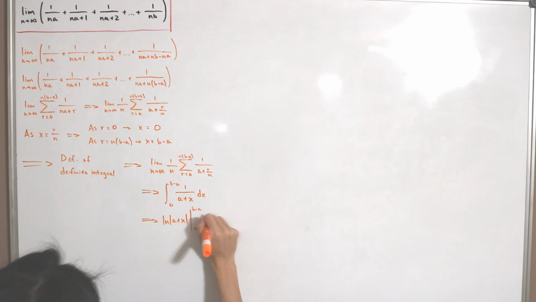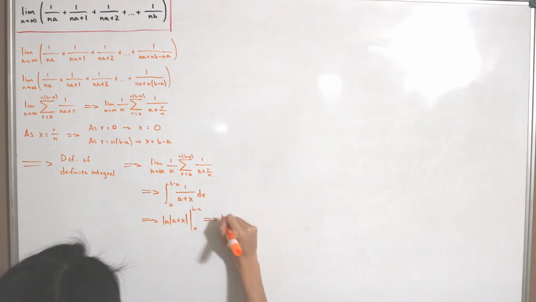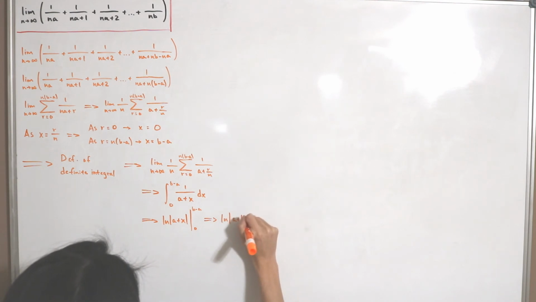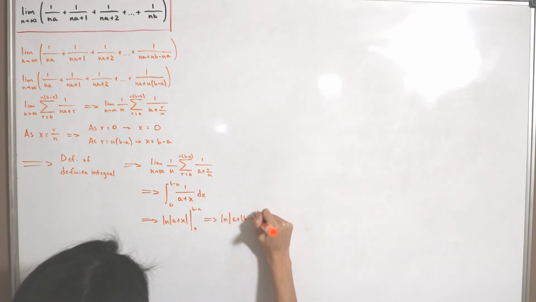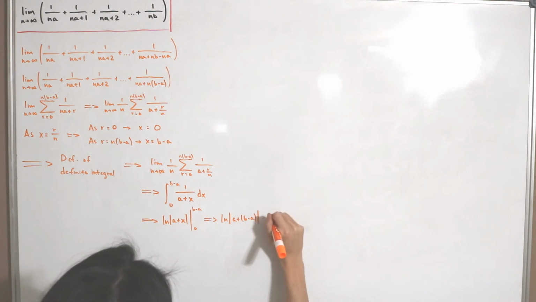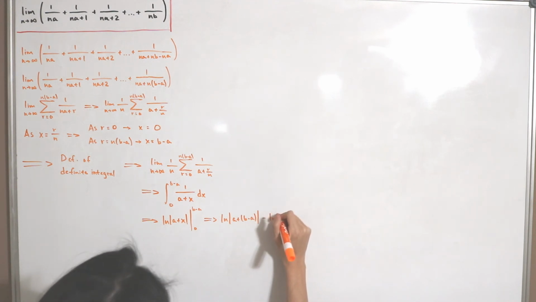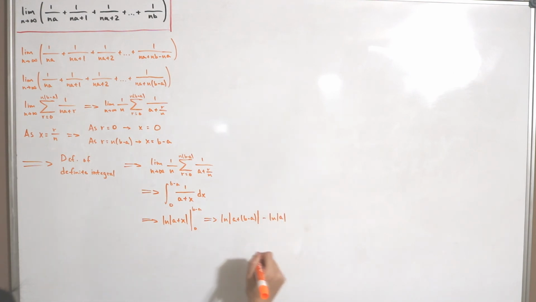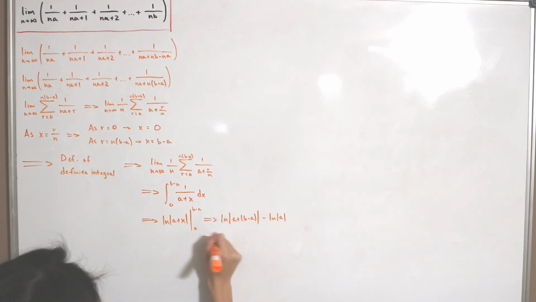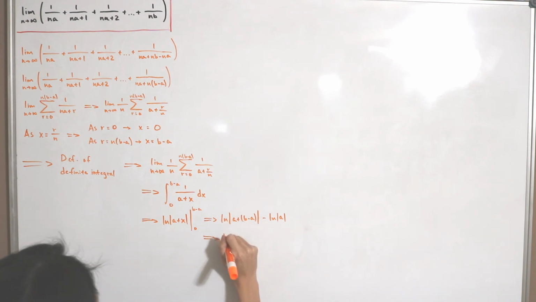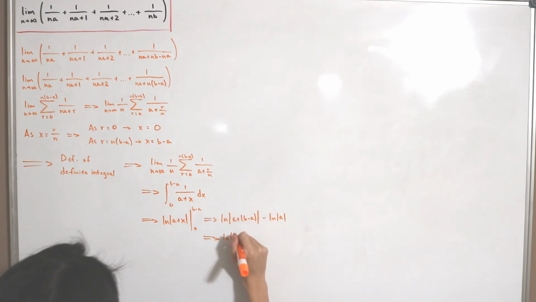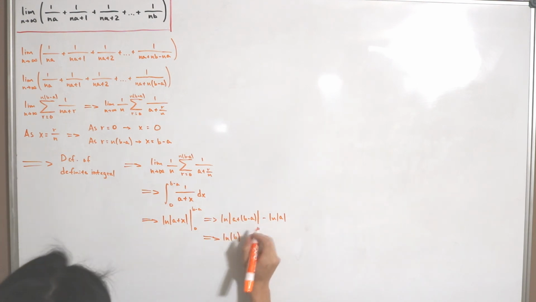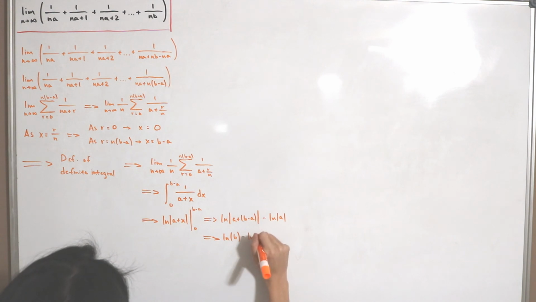So this will be ln of a plus b minus a, subtracted by ln of a plus 0, which is just a. Let me simplify first: a minus a is 0, so we get ln of b, and then subtract the natural log of a.